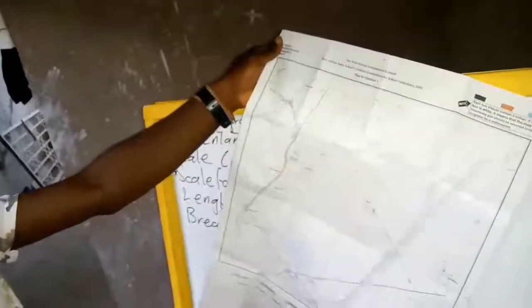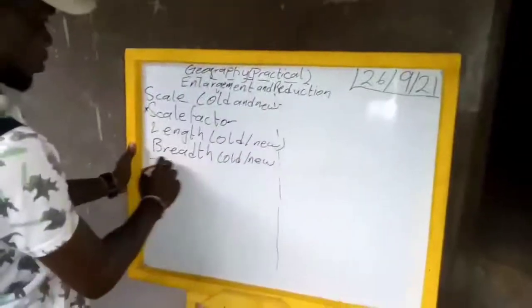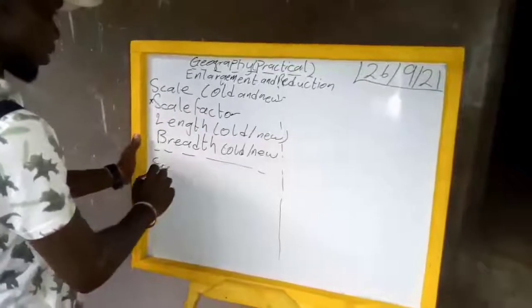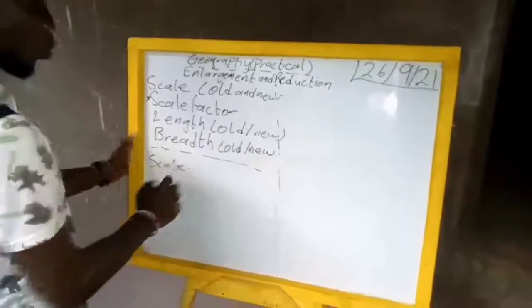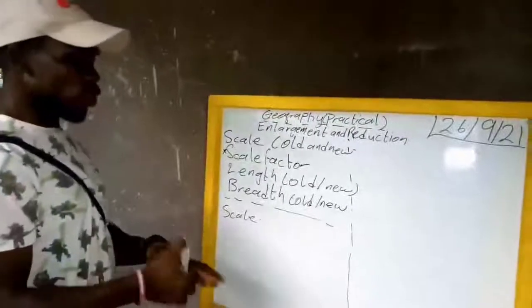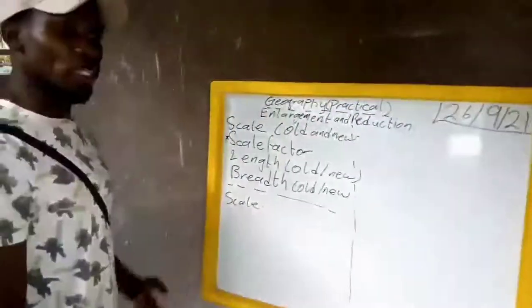So this is the old length, old width, and then the old scale. Let's look at each one of them one by one. We know that the scale is what the map is drawn in. That is the ratio of what is on the map to what is on the ground.